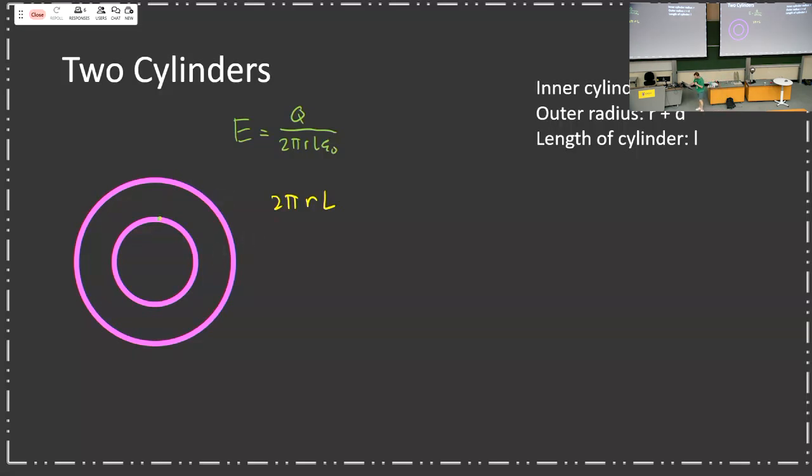We need to find the voltage between here and here. And what we're going to do is integrate our electric field along this distance, right?